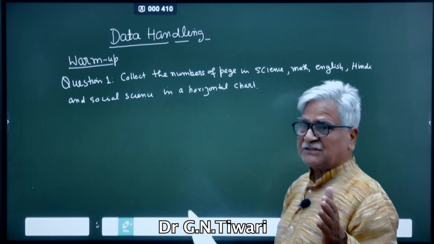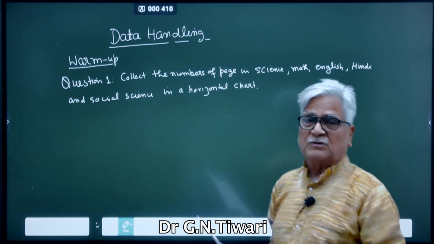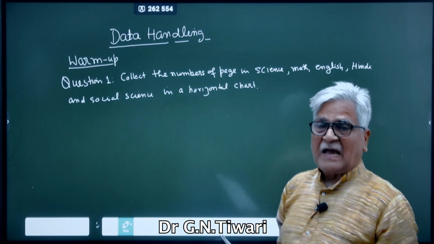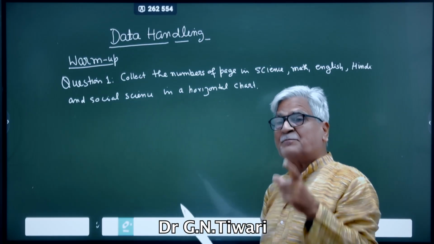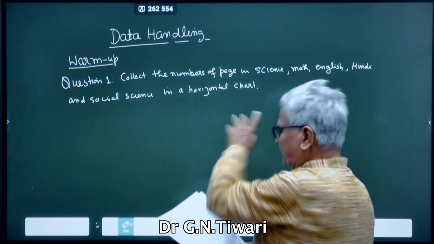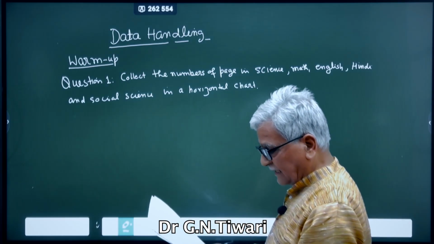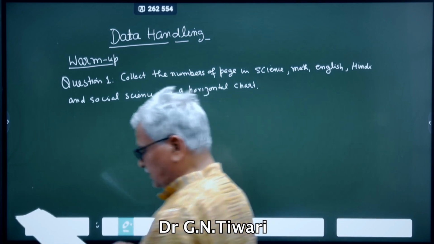Now horizontal chart I have already shown of the example, and every student has these books, and every book has the page number, so they should prepare like this. Now I am giving the question 2.